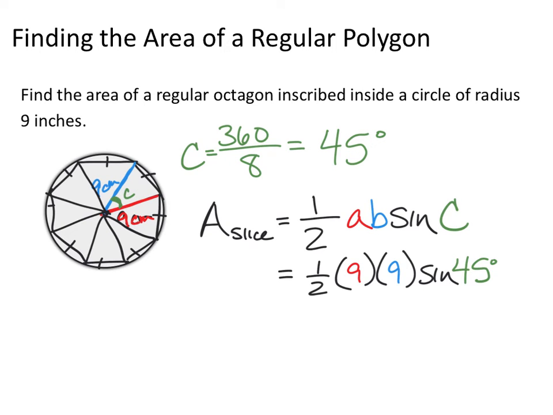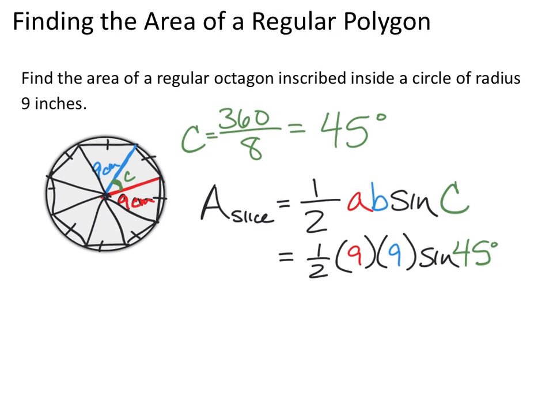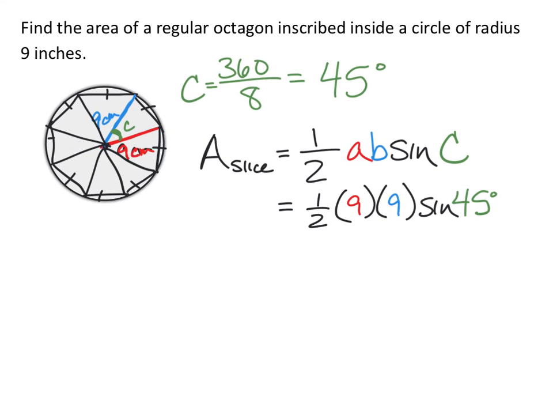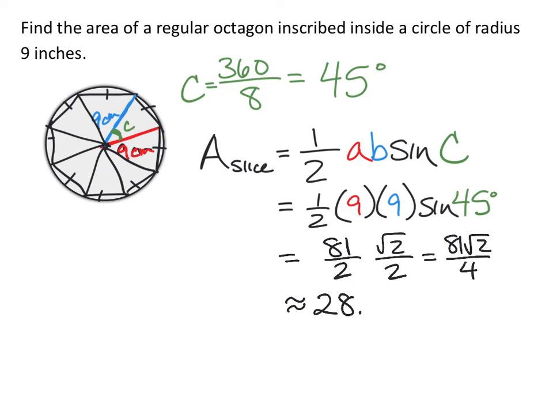Now, sine of 45 should look familiar to you. Sine of 45 is something we should know based on our hand trick, so we can find an exact value. 9 times 9 is 81, so this is 81 divided by 2. And the sine of 45 is square root of 2 over 2. So the area of this slice is 81 square root of 2 over 4. That's the exact value, which if we were just going to round is approximately 28.6. What are we measuring in? Centimeters.